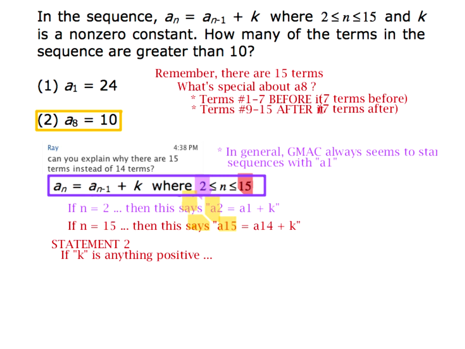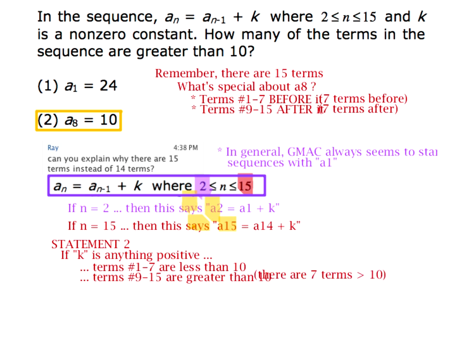So terms number 1 through 7 are less than 10, and terms 9 through 15 are greater than 10, because term 8 is 10. So 7 terms are always more than 10. That's going to happen for any value of K whatsoever.